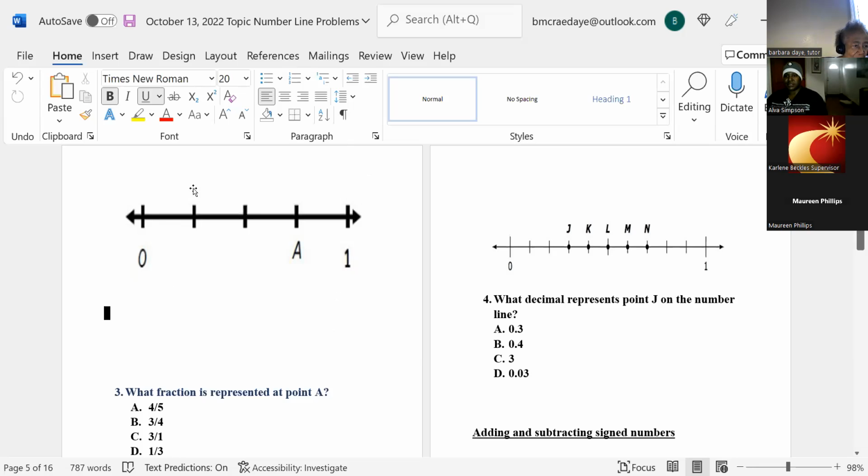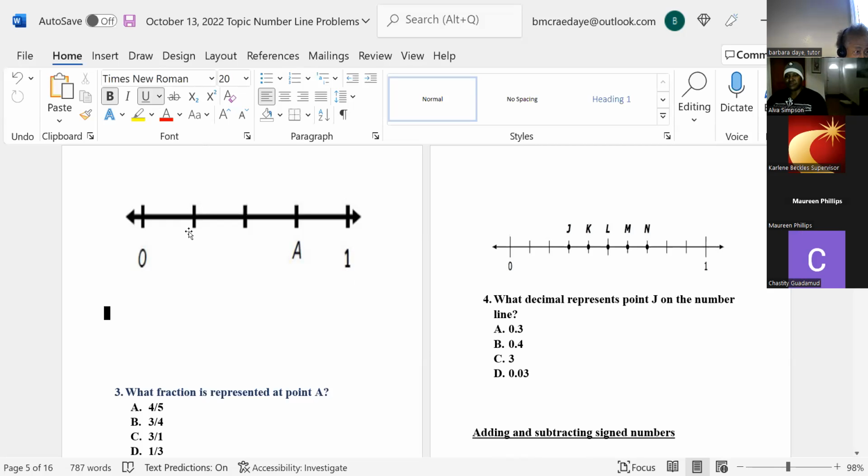Because what? 1/4, 2/4, 3/4, 4/4. Ah, how did I miss that? I understand now. 4/4 is 1, right? So you can tell by these marks here on the number line.